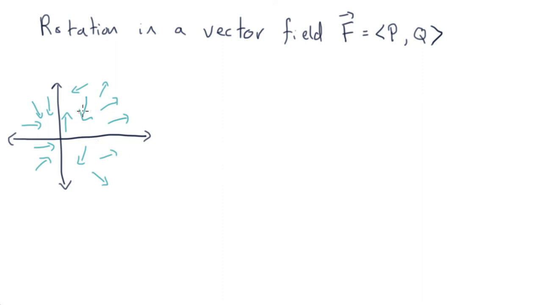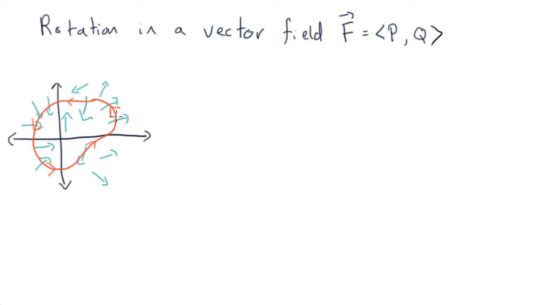Okay, and now let's suppose that we have a curve that will be simple, and it will be closed, so it forms a loop, and we'll give it a positive orientation, just to stick with our convention of positively oriented curves.